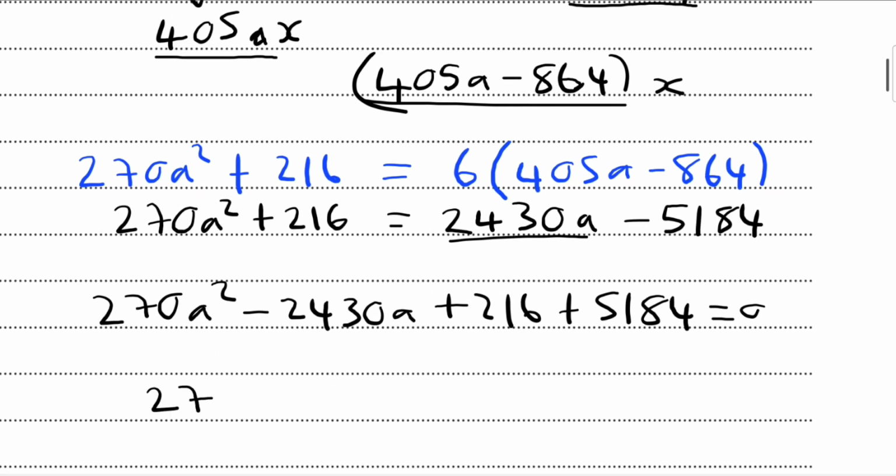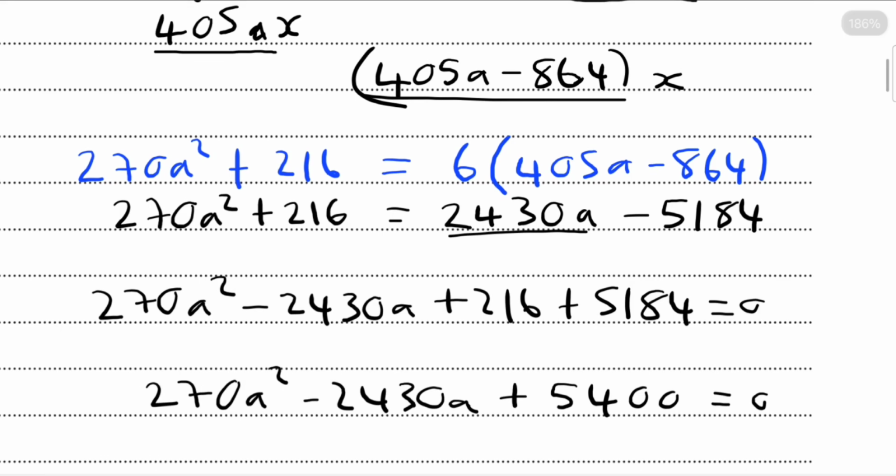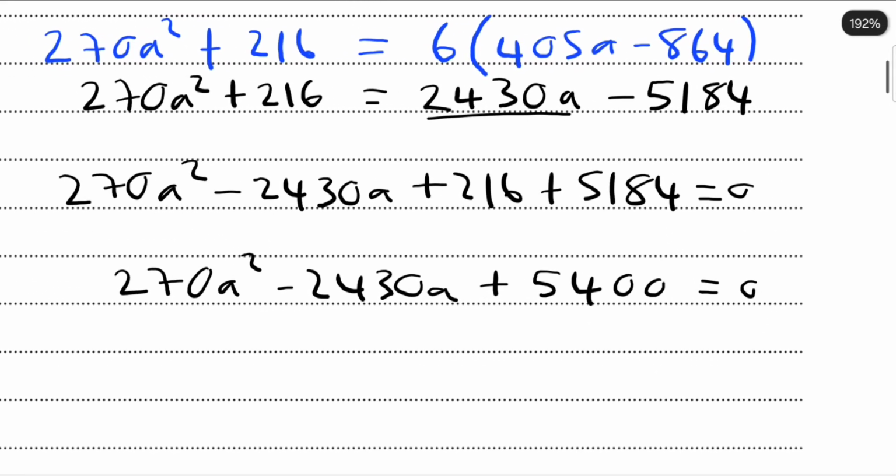So 270a squared minus 2430a, then 216 plus 5184 will give us 5400. And we're going to try and divide everything by 270 to see if we can simplify.